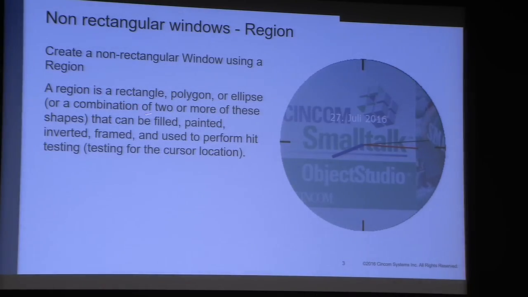A region can be a rectangle, a polygon, or an ellipse, or a combination of two or more of these regions. So you can actually create the weirdest figures with the region. The regions are combinable. You can just add or subtract regions, and by doing so, not only create something that's very standard shaped like that circle here, but something that is really weird and abstract.